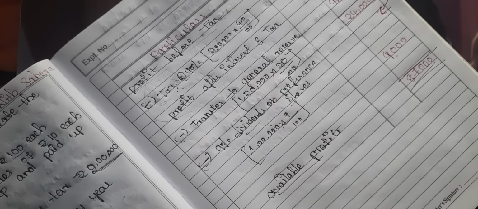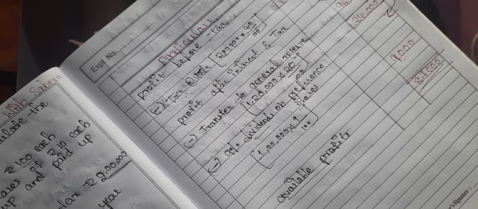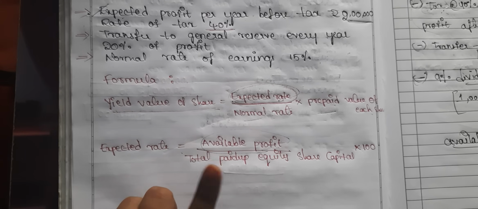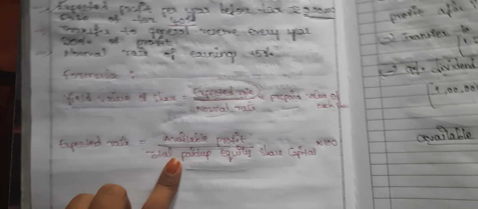After getting available profits, you need to substitute that into the formula. What is the formula here?